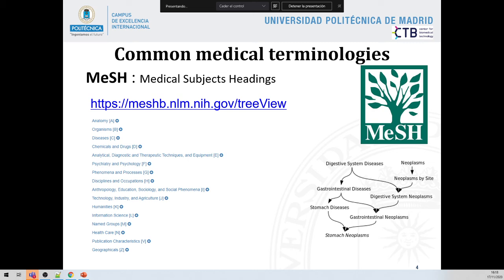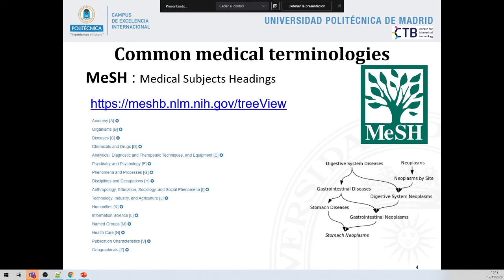The way they are indexed is by MeSH terminology. MeSH stands for medical subject headings. So, for example, the title of an article or paper would be identified by a MeSH identifier.